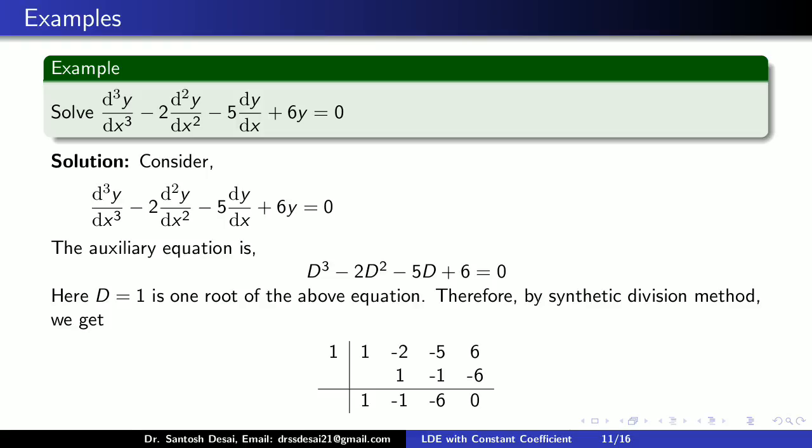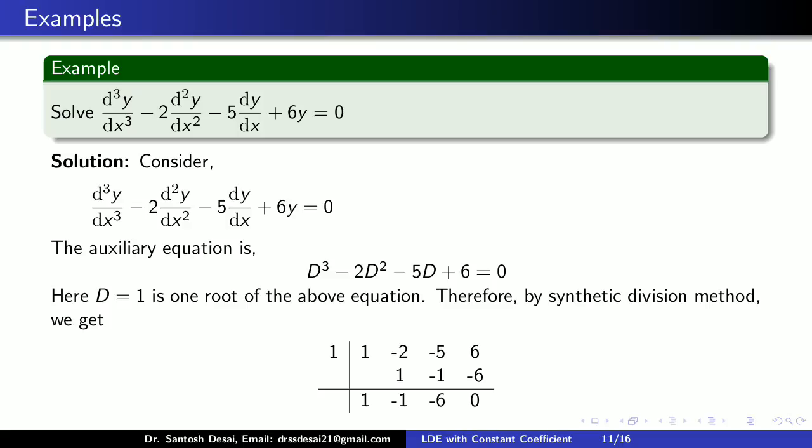Now by using this table, I am going to write this cubic equation as a product of linear and quadratic factors. The linear factor is obtained from the root, that is d is equal to 1 is the root. So you shift that 1 to the LHS, and you get d minus 1. That is our linear factor. And the quadratic factor I am going to write by using the numbers below that horizontal line.